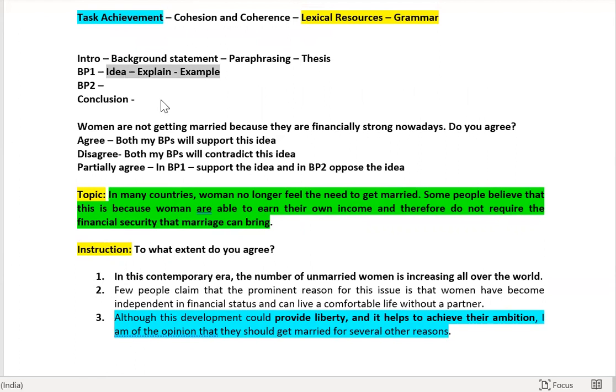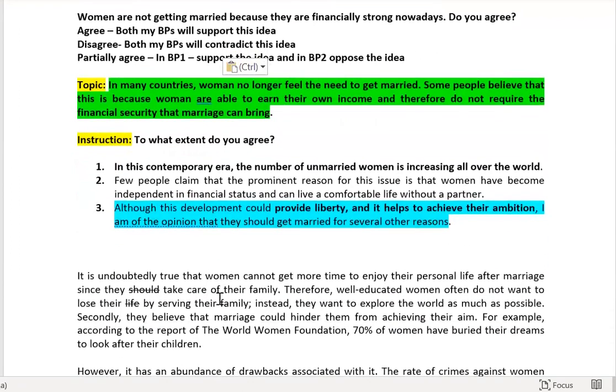For body paragraph 1 and for body paragraph 2, whatever is the idea, whether it is in support or against, or whatever the idea is, we have to introduce the idea, we have to explain the idea, we have to give an example. So let's see if this guy discusses that. This is BP1.